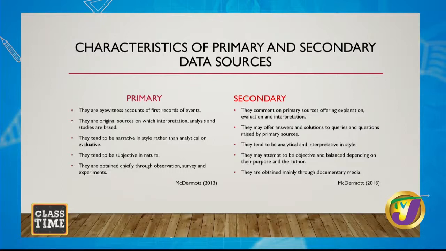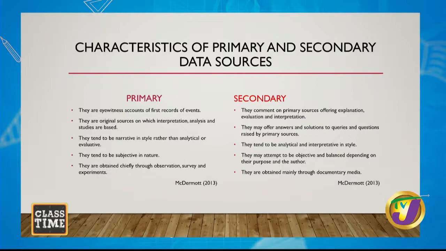Do you remember that word, subjective? This means that it tends to be biased because you're hearing just one side of the story. And they are obtained chiefly through observation, survey, and experiments. Let's go over to the secondary side. What are the characteristics of a secondary source?